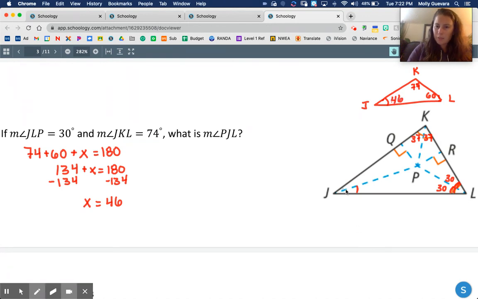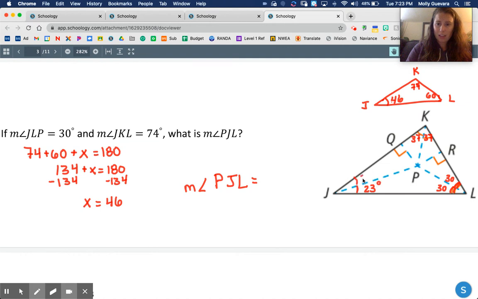But I specifically want half of angle J, right? Are we with me? Hopefully. Okay, I specifically want half of angle J. So I'm going to take my 46 and I'm going to divide it in half. So I get the measure of angle PJL, and half of 46 is 23.